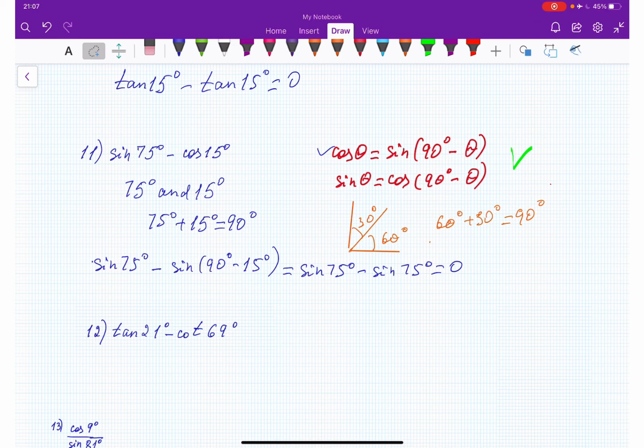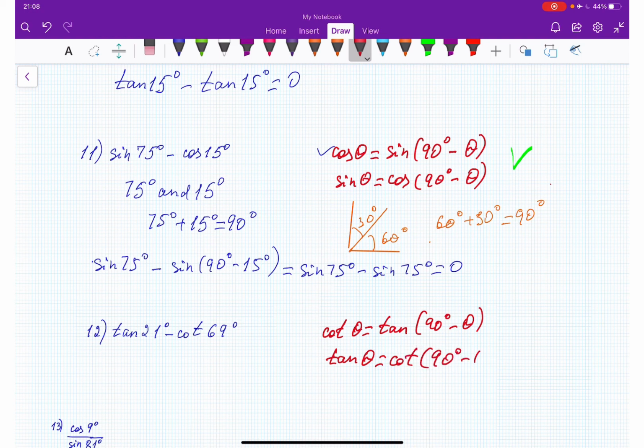I can apply it the same way here, where cotangent theta is equal to tangent of 90 degrees minus theta. The same way, tangent theta is equal to cotangent of 90 degrees minus theta. All right.